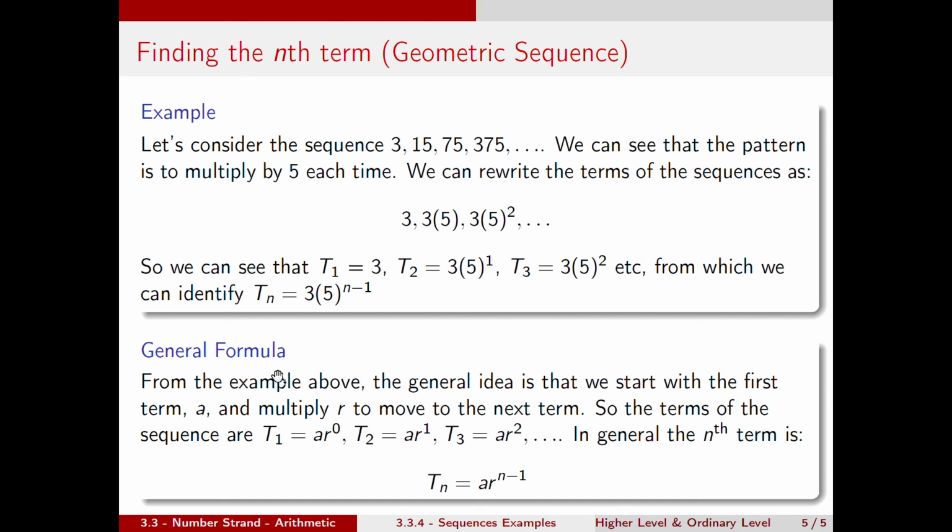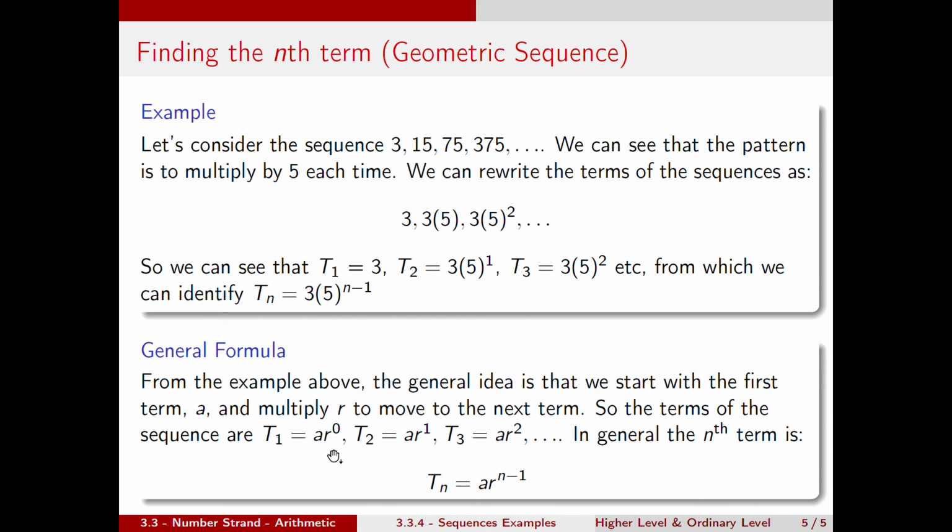Again, there is a general formula for this. The idea is to start with the term a and multiply by r to move to the next term. So the first term of a sequence will be t1 is equal to a times r to the power of 0.